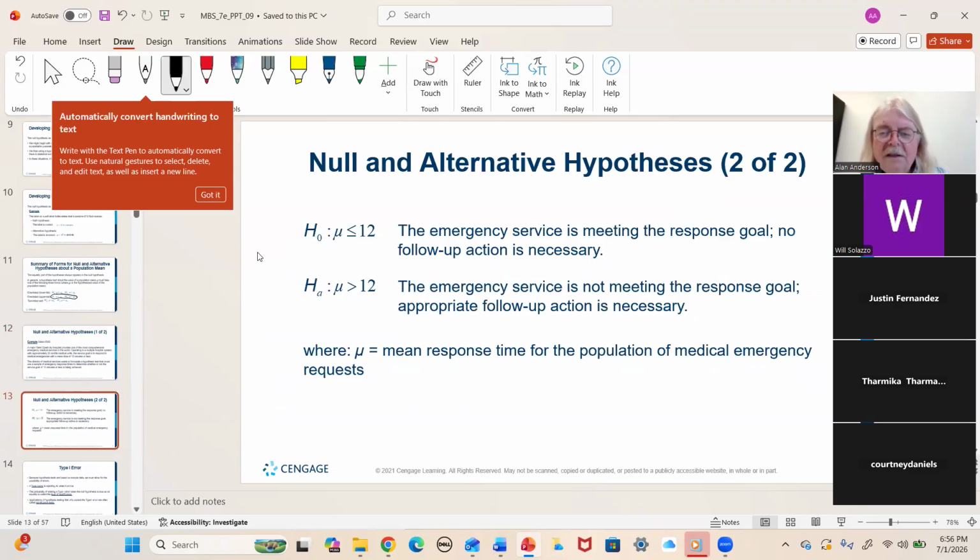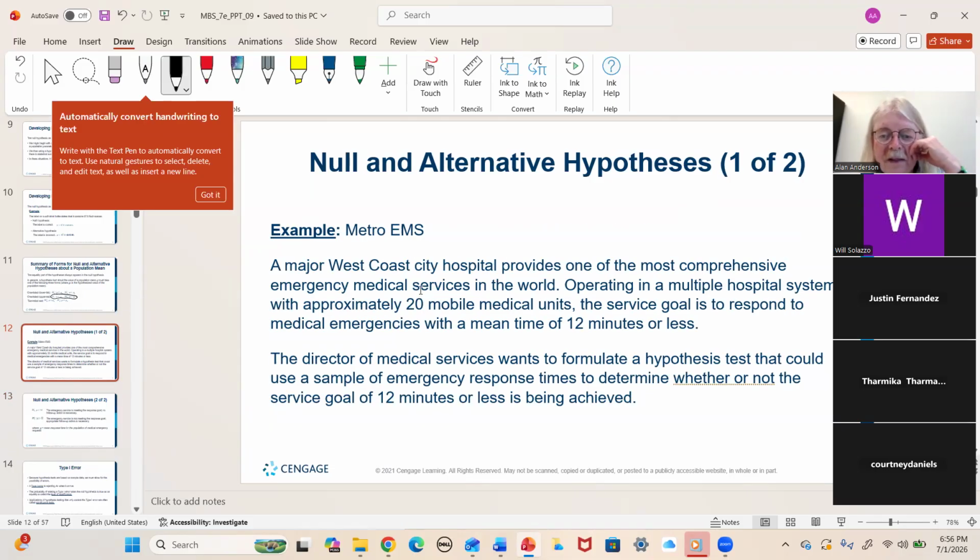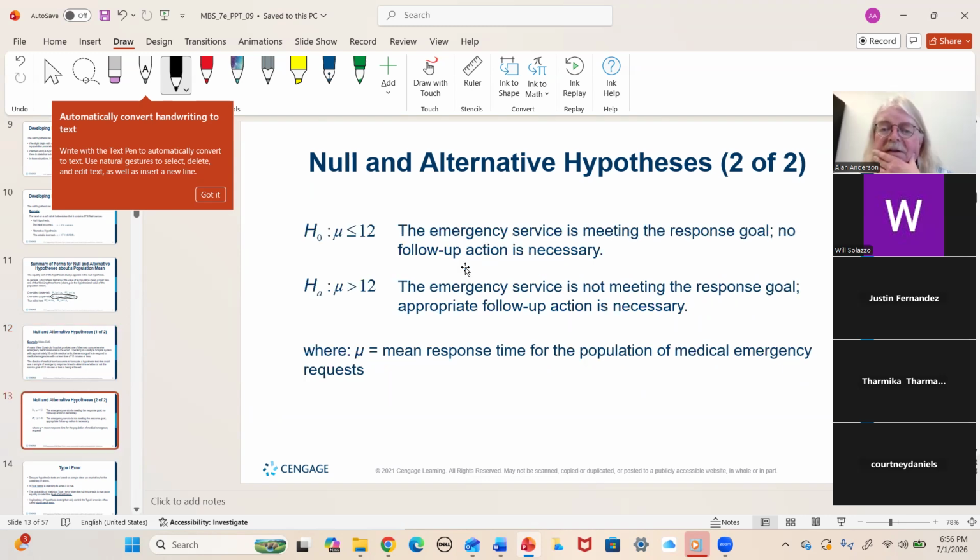And therefore, it's going to be a right-tailed test. In other words, the problem would be too high, more than 12, which would mean their bragging is incorrect. So this one is a right-tailed test. And that, of course, means that they have evidence enough that they can go ahead and maybe make some corrections.